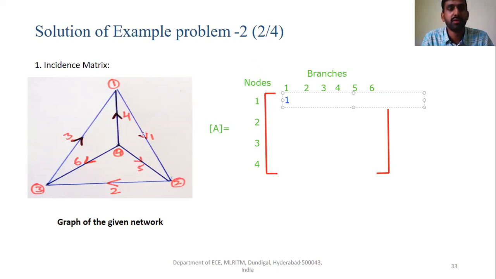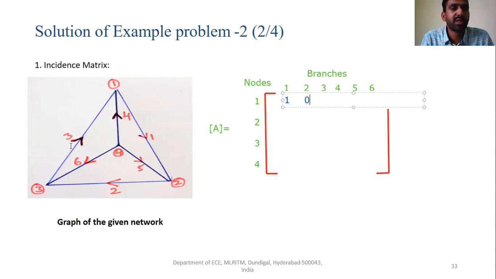What about branch 2? The branch number 2 is not at all incident to node number 1. So the element is going to be 0. What about branch 3?